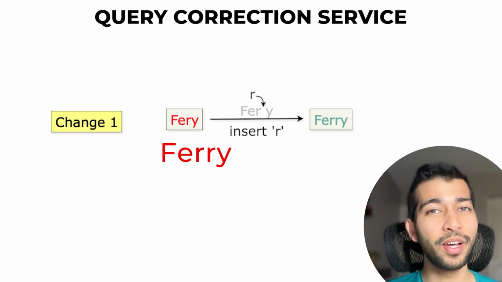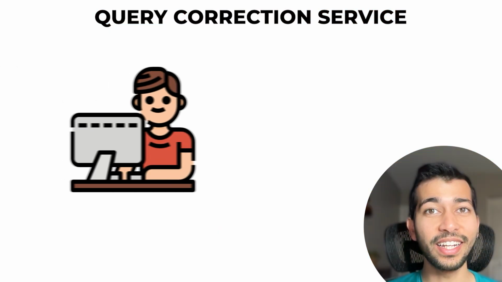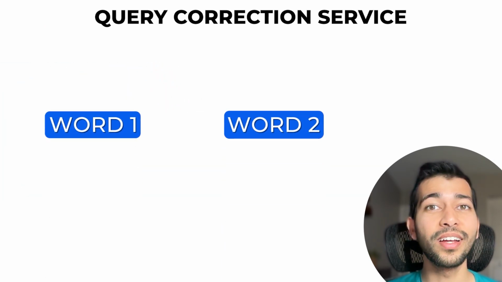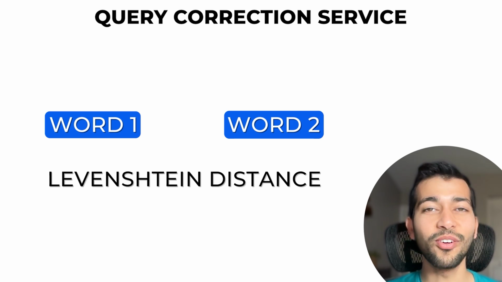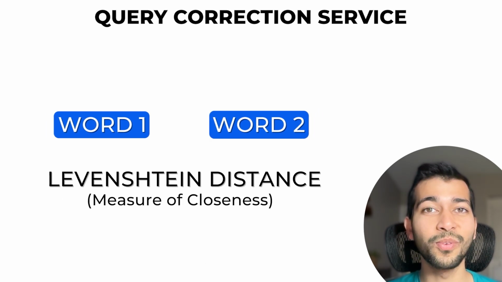Let me tell you a very interesting fun fact about this closeness between words. In technical terms, the number of changes between two words is called Levenshtein distance. Think of it as a measure of closeness. The fewer the changes, the closer the words are.